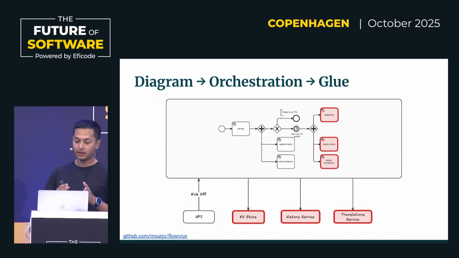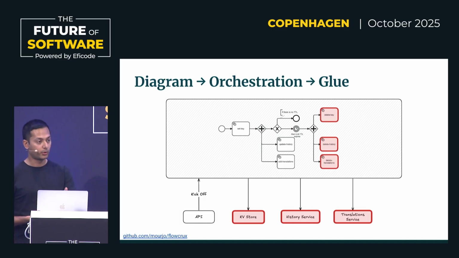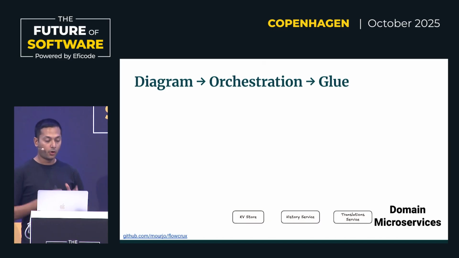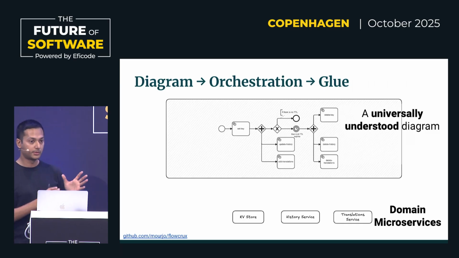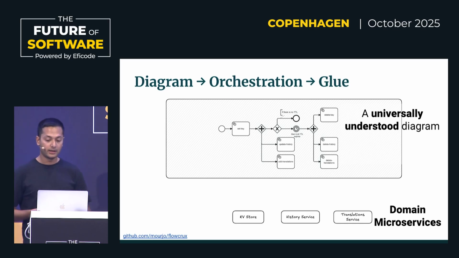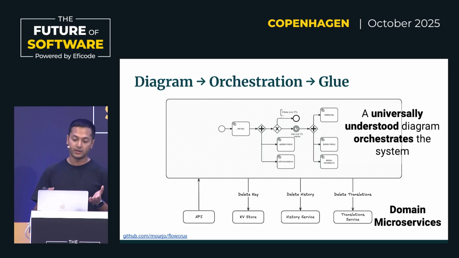So the diagram that I was talking about was easy to explain, and was also something that was actually driving the communication between the microservices. And this is really powerful because all of the features, all of the important bits are in the domain level microservices. But the diagram that humans understand, like universally almost, is what is orchestrating the system.